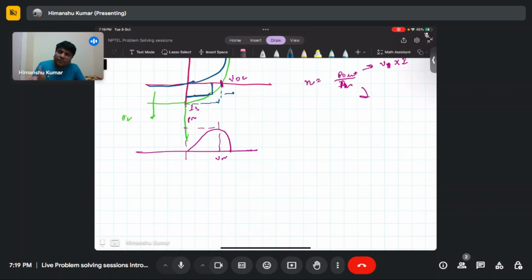In the very ideal case, if your characteristics are very vertical or sharp, you will get the maximum theoretically possible.